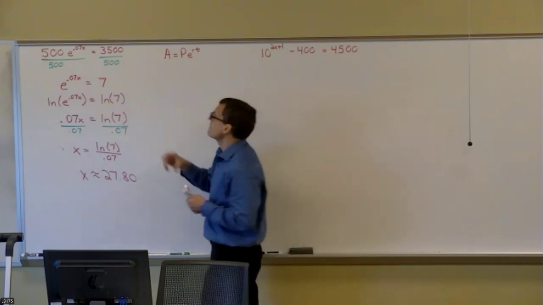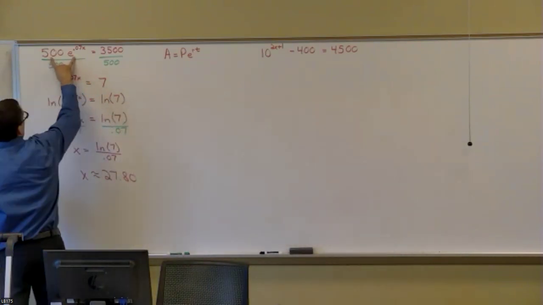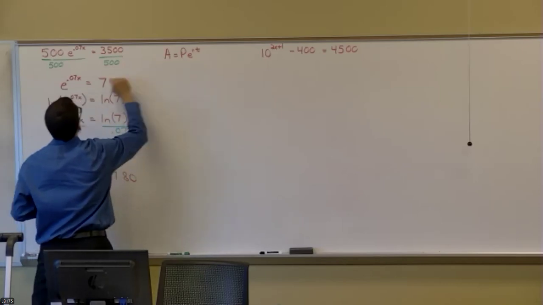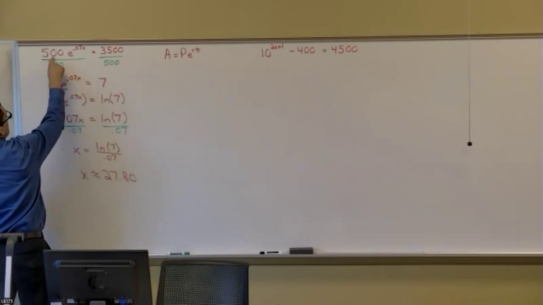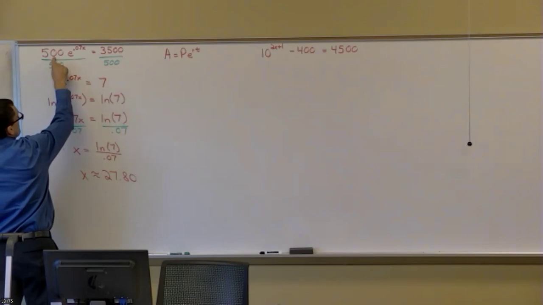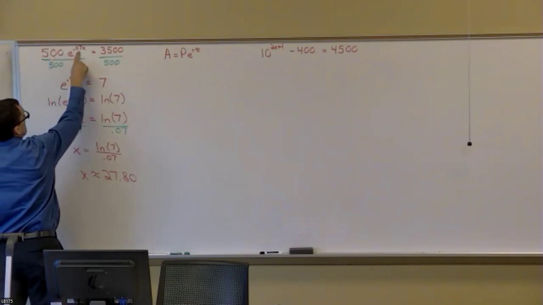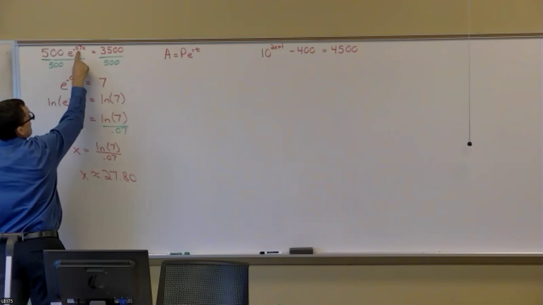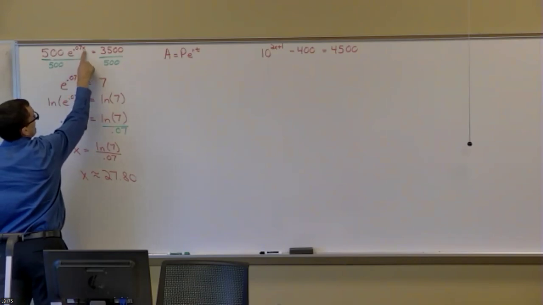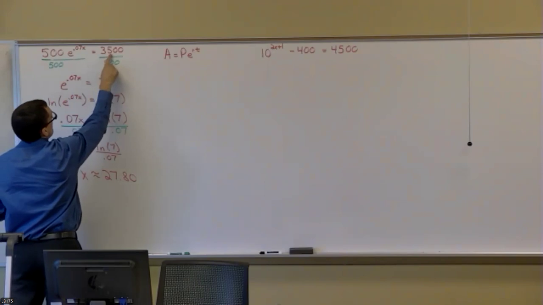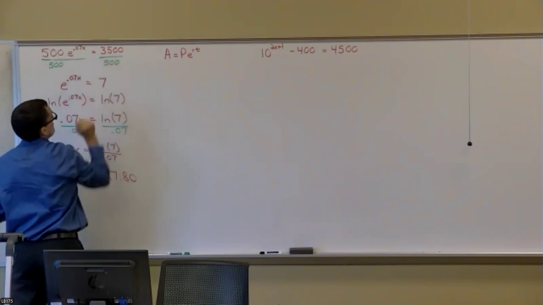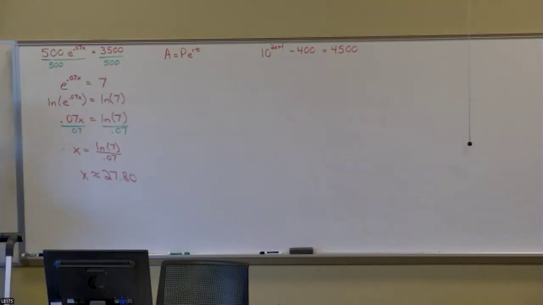Well, we could have thought of this as the output, saying that if we put in $500 and compounded interest at 7% continually, how long would it have taken until that $500 turns into $3,500?